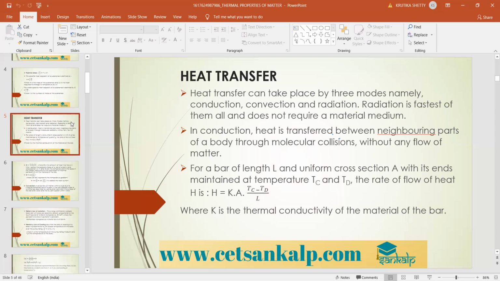The K value, that is the thermal conductivity of the material, will be different for different materials.